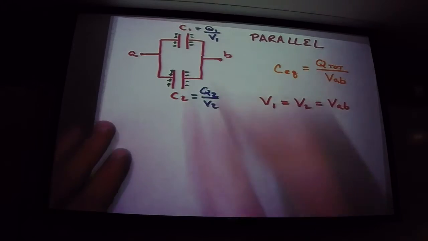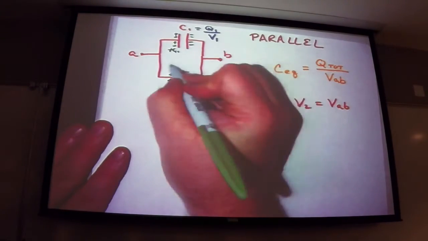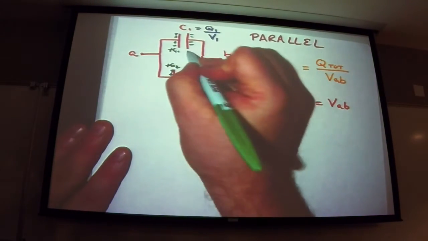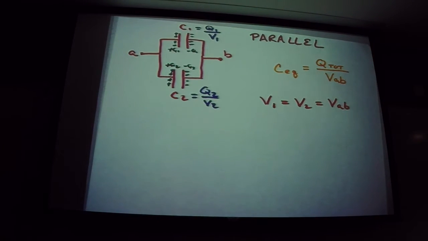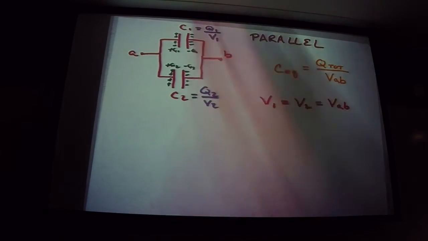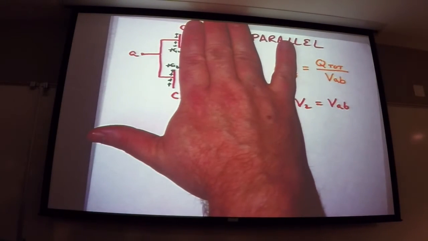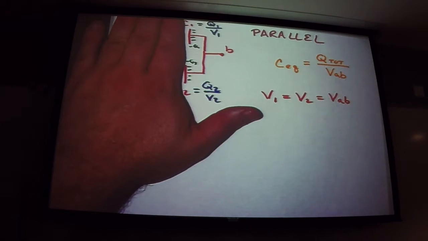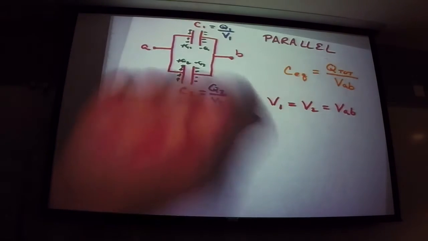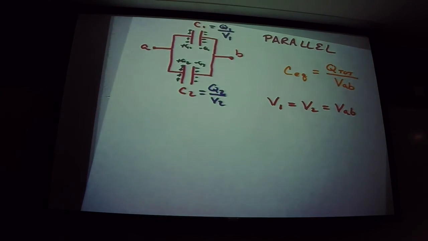So in other words, I have a plus Q1, a plus Q2, and a minus Q1 and a minus Q2 down here. What's the total charge I have access to here? Q1 plus Q2. When I talk about charge stored on the capacitor, the plus side is equal to the minus side, and that is the amount of charge you've stored.